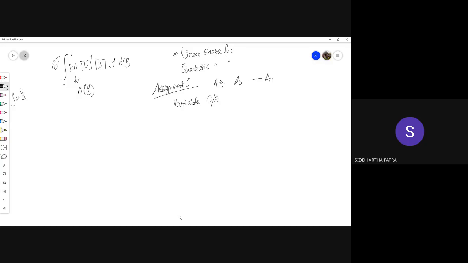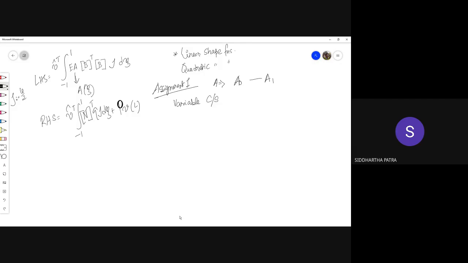A doesn't appear anywhere else. For example, if you look at the right hand side of the variational statement, A doesn't appear there, like P times V hat transpose, and the integral from -1 to 1 of V hat transpose Q J d xi.